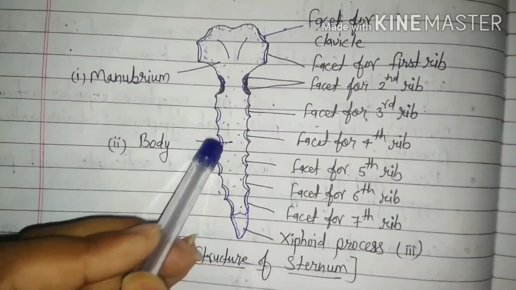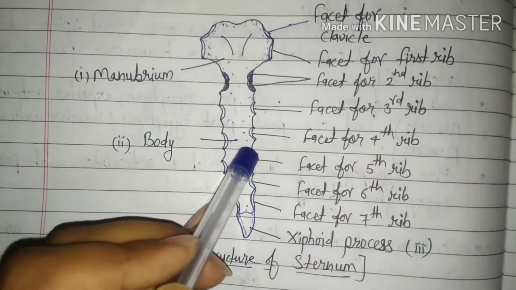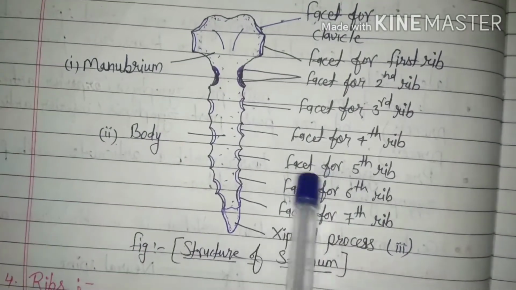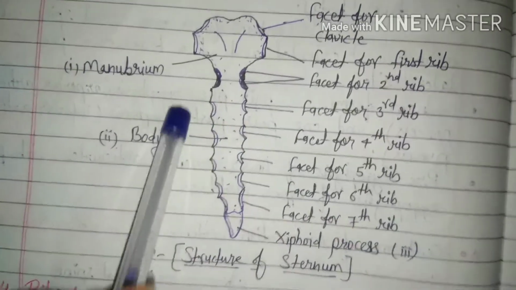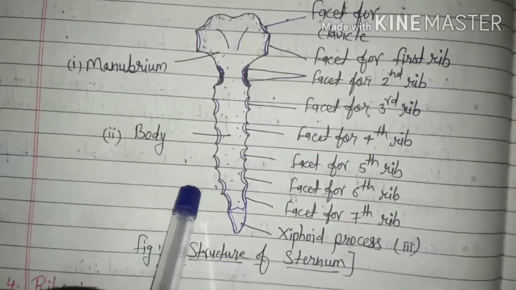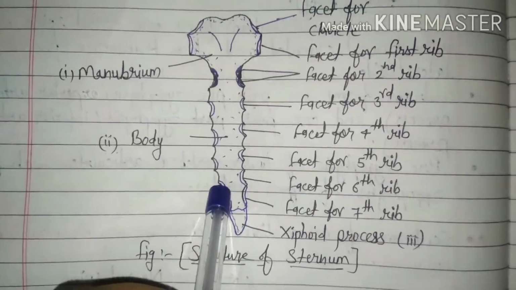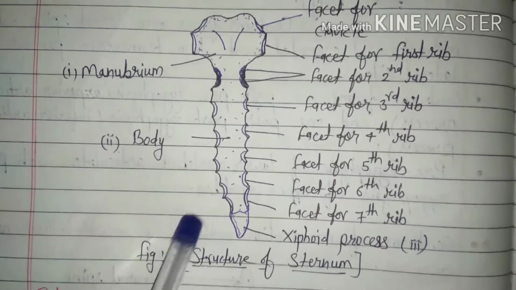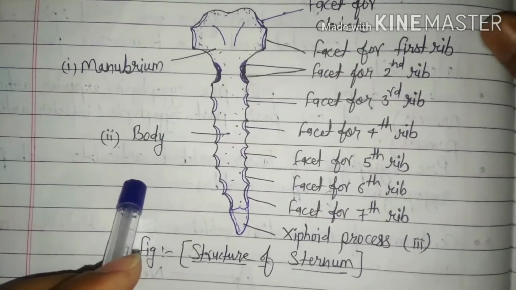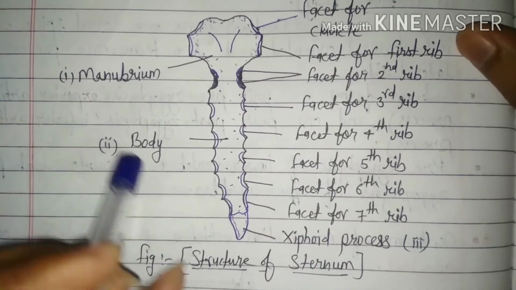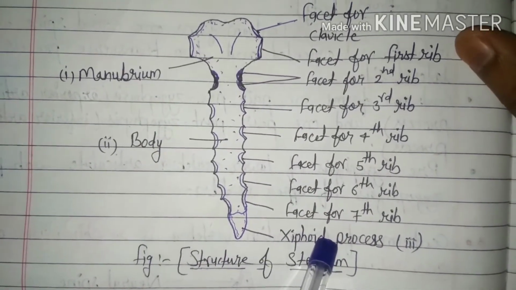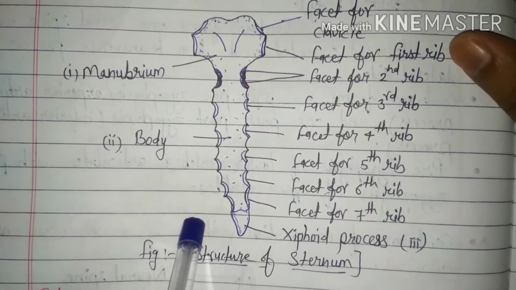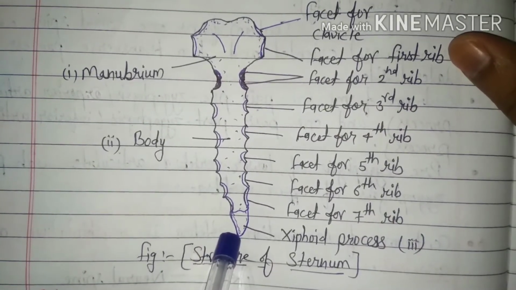So there are facets or segments for joining of ribs. These 7 pairs of ribs are connected directly to the sternum. The xiphoid process has no facet for any ribs.